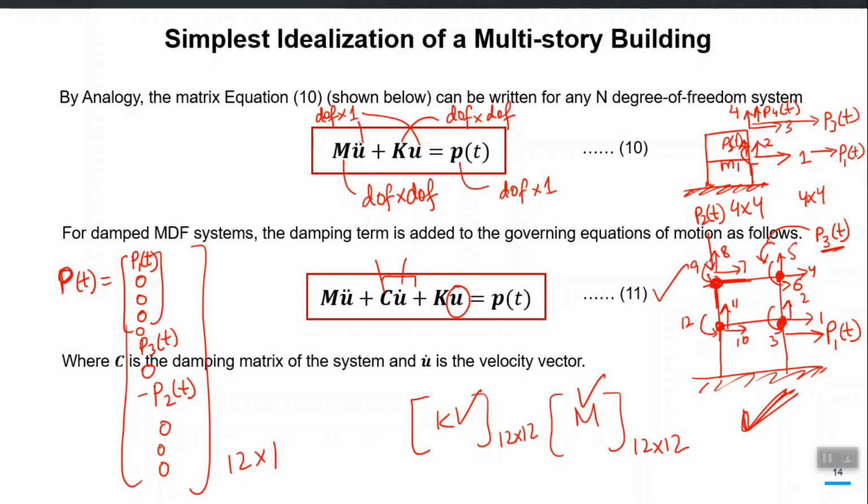When you construct a real computer model for dynamic analysis, this equation 11 is actually what is being constructed at the back end. When you draw that model, the M and K matrices are being constructed at the back end, right? So equation 11 is the one that will be solved when you say that you are performing dynamic analysis.